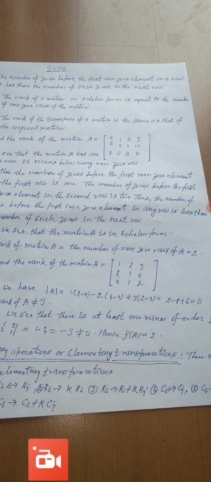Now we will discuss some examples. Example: find the rank of the matrix A, which has in the first column 0 0 0, in the second column 1 0 0, in the third column 2 1 0, and in the fourth column 3 minus 1 0.